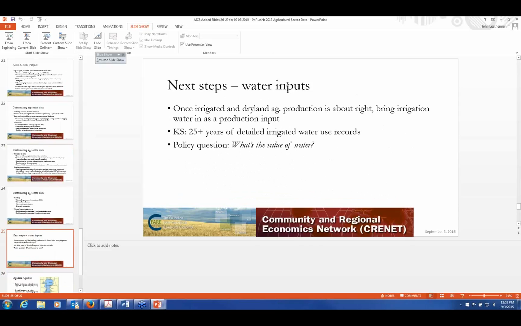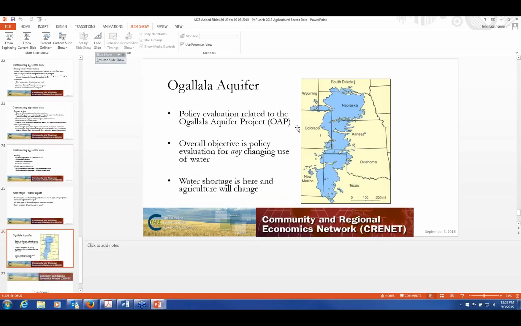Here in Kansas, we're blessed to have some 25 years of very detailed irrigated water use records. Now I want to begin the process of asking and answering some questions with regard to the value of water. And this ultimately is my target.